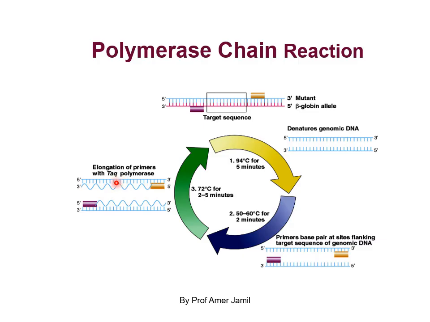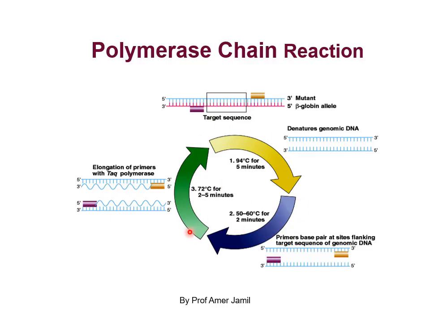Taq is from Thermus aquaticus, a hot spring bacterium from where this Taq DNA polymerase was isolated. Nowadays, most commonly this DNA polymerase is used, although there are thermostable DNA polymerases from some other bacteria. Those are also being used, but this is the most common one.